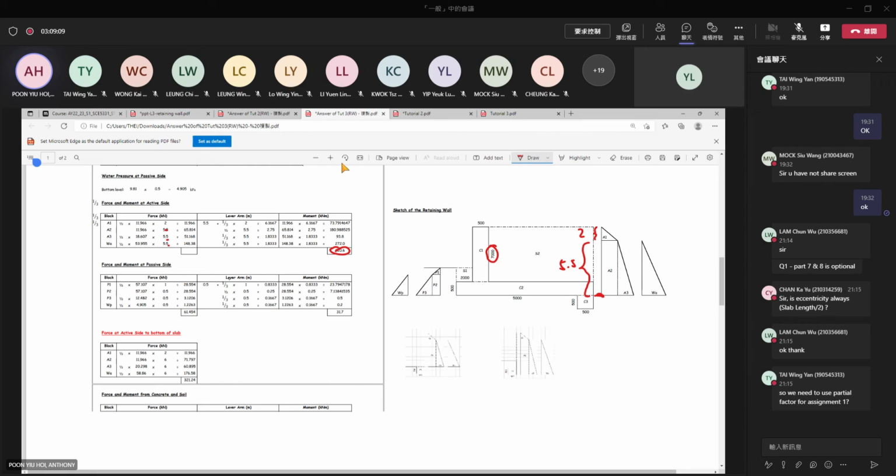And this is from the passive pressure. Okay, so this is the resisting moment. Sorry, this is the overturning moment. This is the resisting moment.